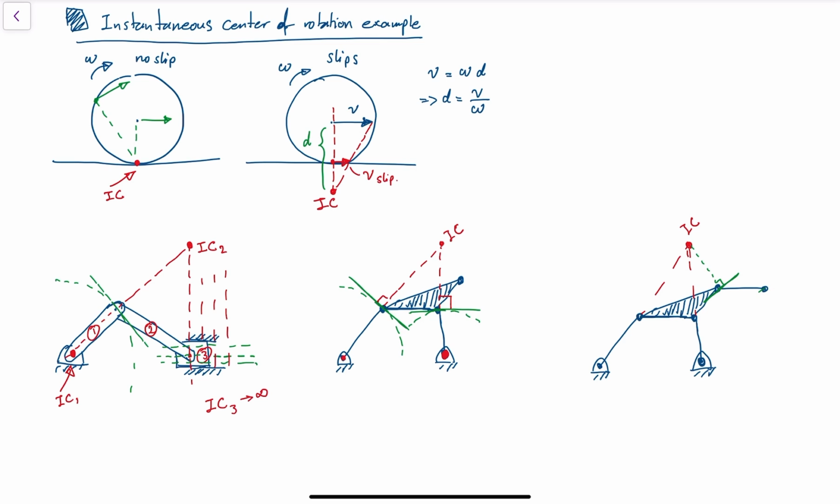So let's pretend my other link is here. This is my other link. Okay, now with this new configuration, this one still turns around that. This is the potential direction of the velocity, and normal to that is along this, and normal to the other point is along that.